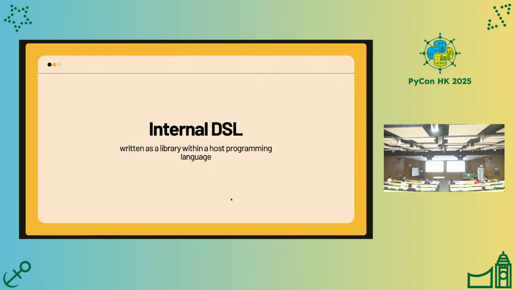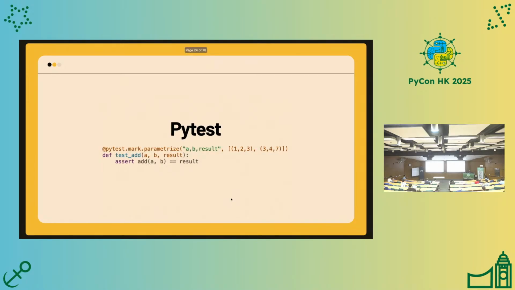Internal follows the host programming language syntax, like a library that you import in your Python code. For example, PyTest still follows Python's syntax, but there are specific rules you have to follow. Let's say you have to add test as a word in front of your function when you define the function.